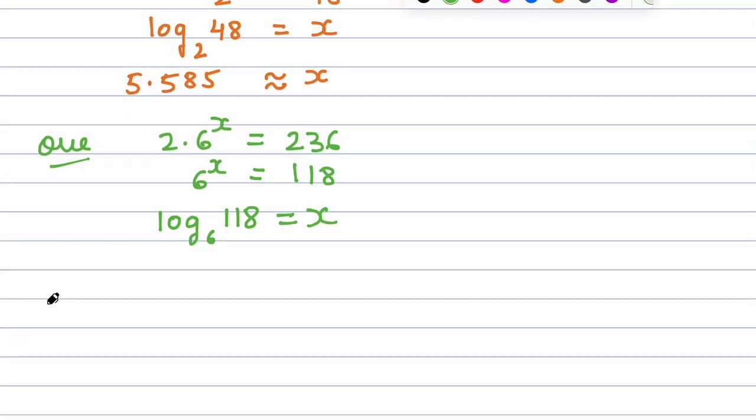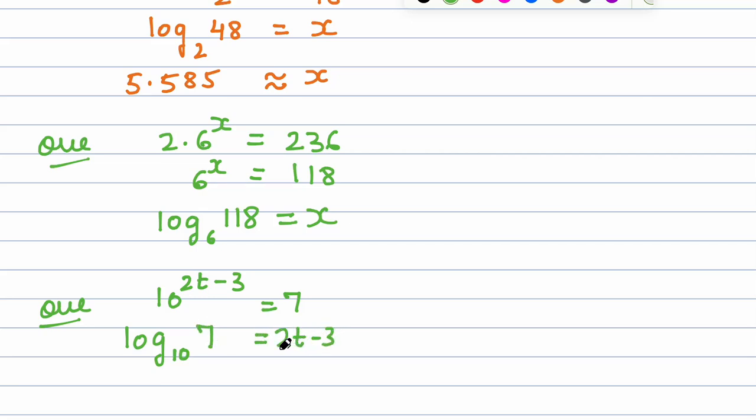Now let's try some different type of question. 10 to the power 2t minus 3 is equal to 7, right? So I'll apply log base 10 of 7 is equal to 2t minus 3.